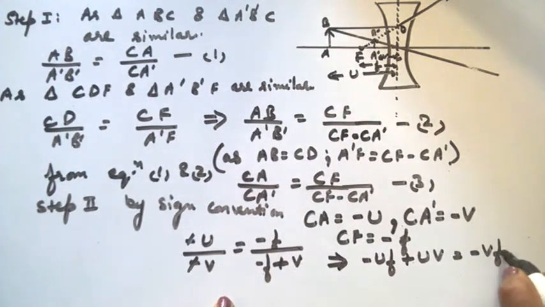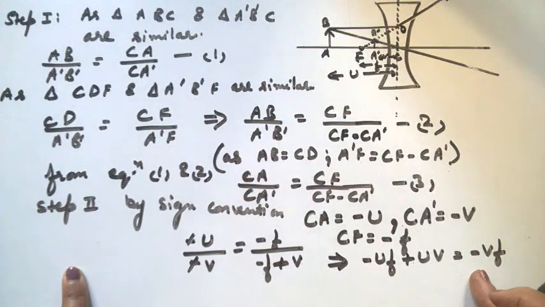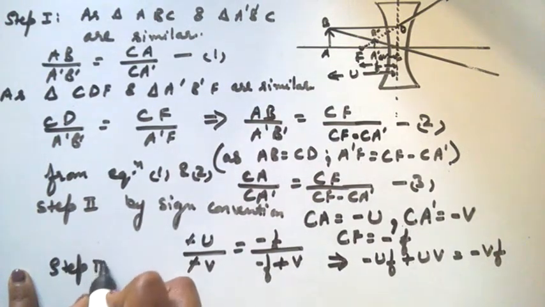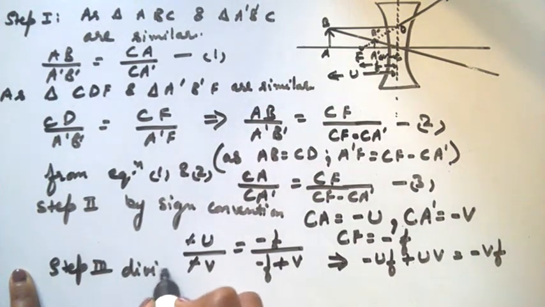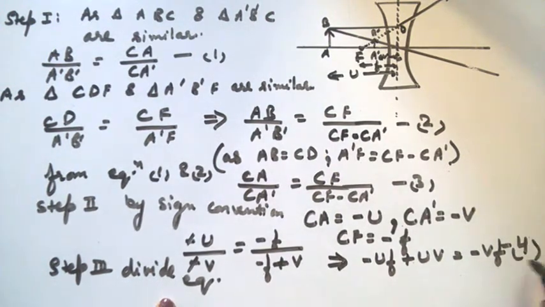Apply third step, that is on dividing both sides by UVF. Step 3 is divide equation number 4 by UVF.